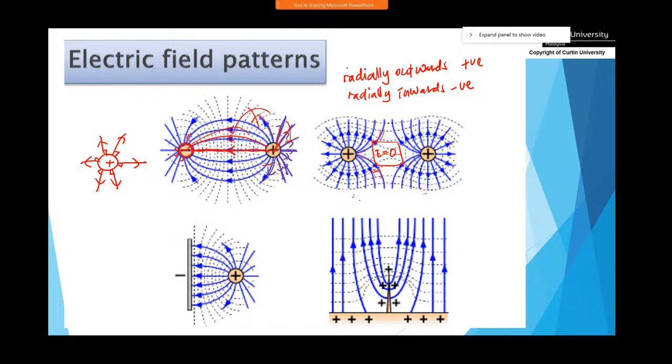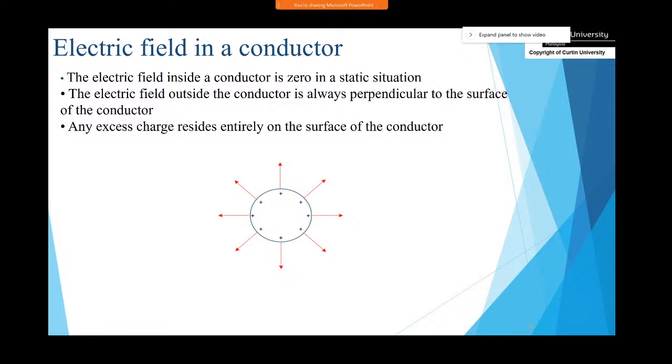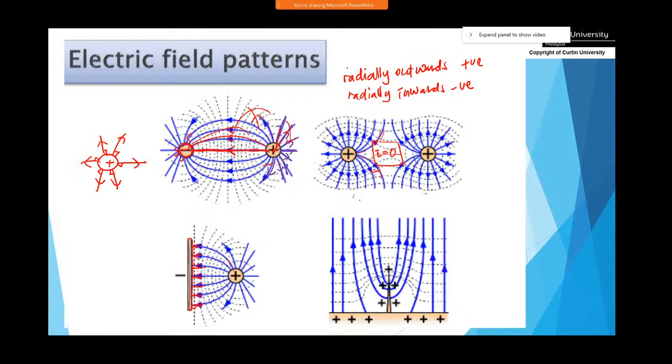So let's say if you have a parallel plate which is negatively charged, so the electric field will just go in like this, whereby the direction of the field again is perpendicular to the surface, right? So you can predict the pattern of the electric field based on the different shapes of your charge.